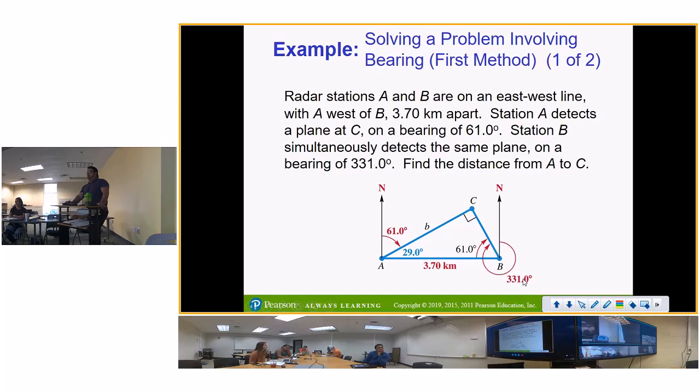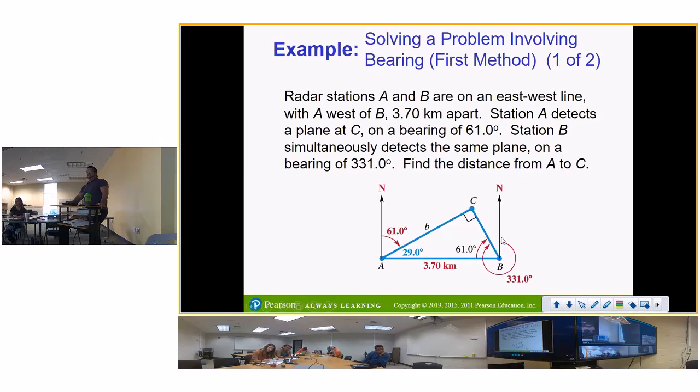So what's the difference between 331 and 360? 29 degrees. That's alternate exterior angles. Alternate exterior angles mean that this is 29, then this is what? 29. And of course, now you can use this angle as 61 degrees. That's alternate interior.